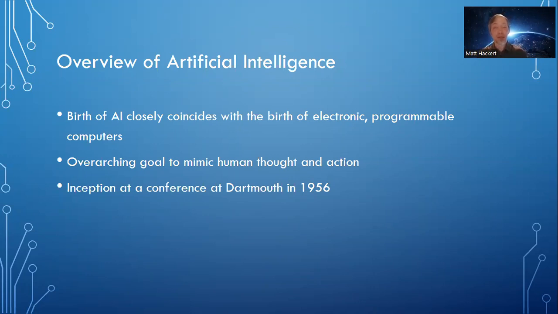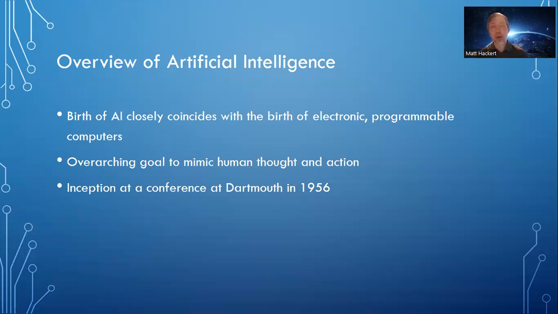Moving forward to 1956, there was a summer conference at Dartmouth College, a two-month brainstorming session with mathematicians and other scientists who got together to discuss the potential idea of so-called thinking machines.